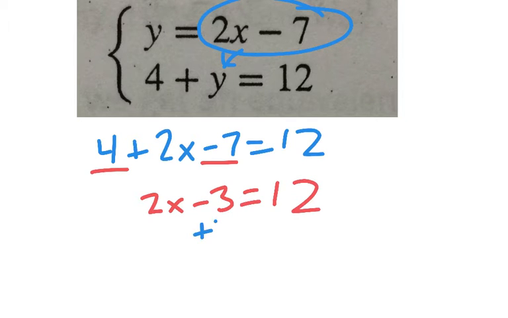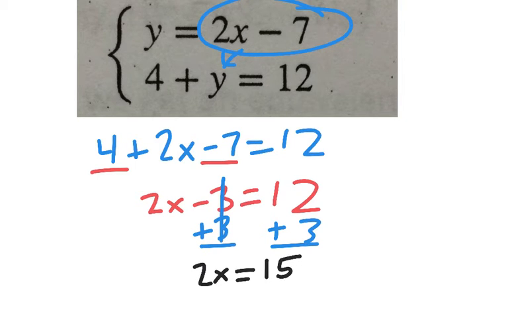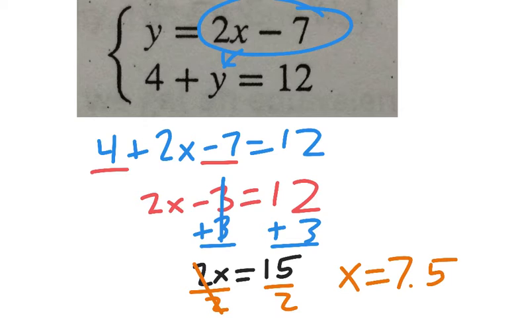Then you would add 3. So now you found x is 7.5? Yes. All right, now you got to go find what y is. Then you plug y equals 2 times 7.5 minus 7. Yep, you can do that.